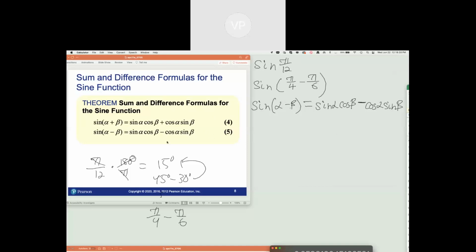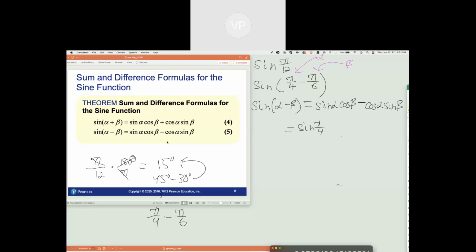And the reason I do this is, especially for these, it makes it easier to pop things in. So just to identify, remember that right there is the alpha. That right there is the beta that I was talking about. So when I plug these in, anytime I see alpha, I'm putting the pi over 4. So I get sine of pi over 4.